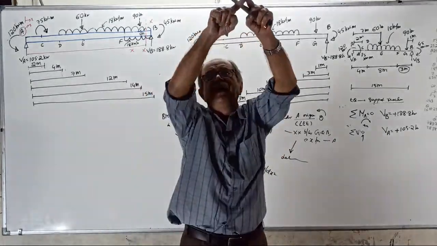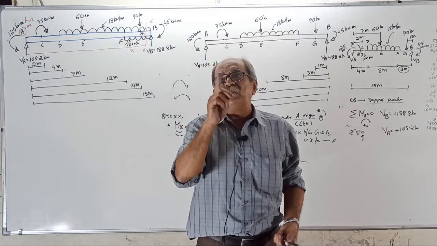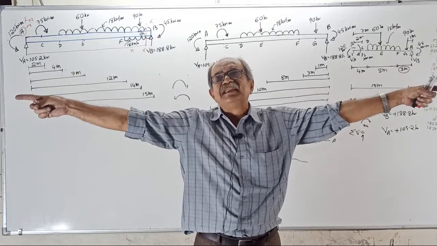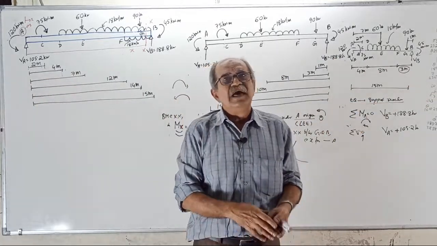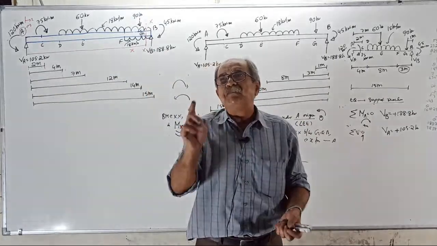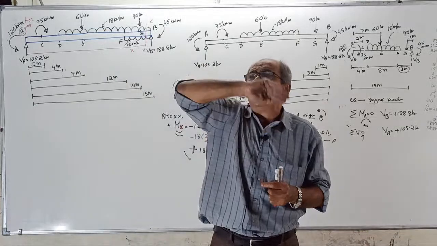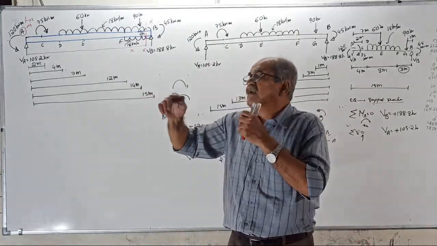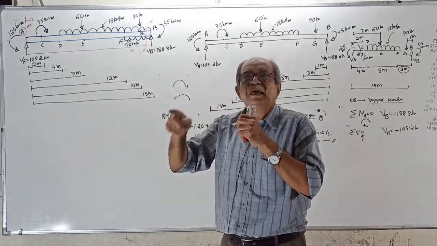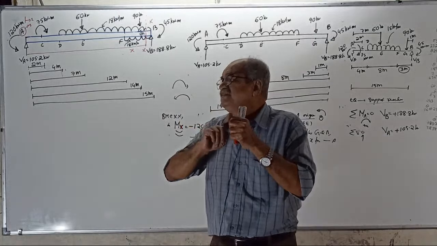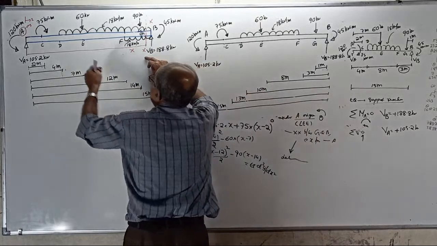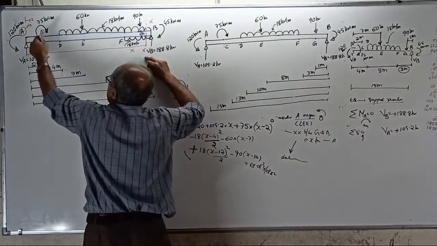Therefore, make a big note. In case of a couple, if the couple is at the extreme end, there is no problem. There is no correction required. Simply the bending moment is the couple, that's all. But if the couple is at an intermediate point, then when you take the bending moment, there is only the couple, and 'into' is not there. Even then, multiply by the distance of the couple from the section XX, or imagine as if it's a load, 75 into what?